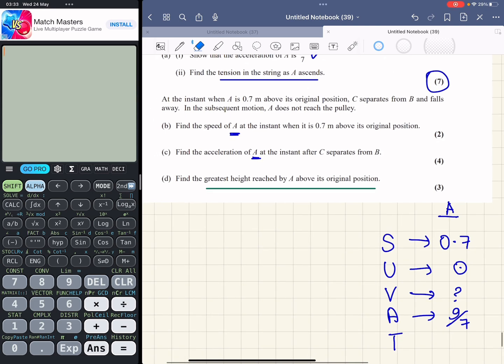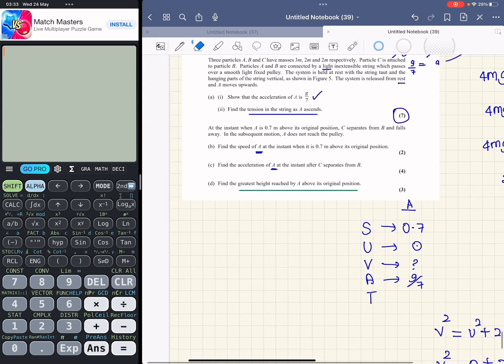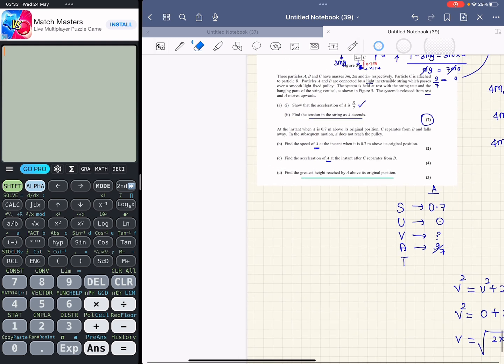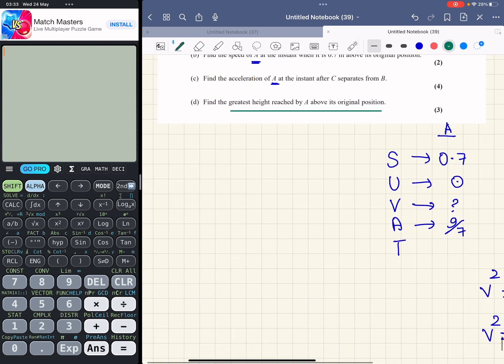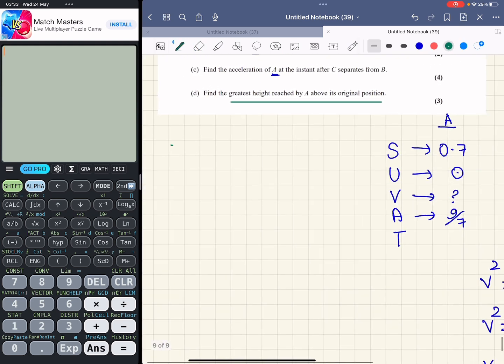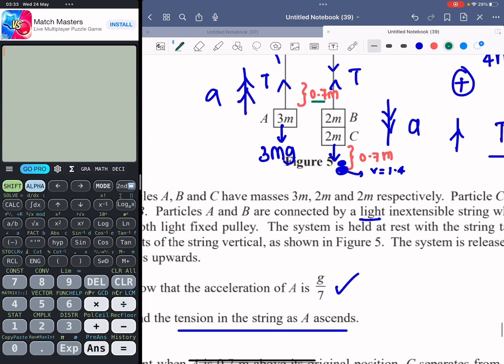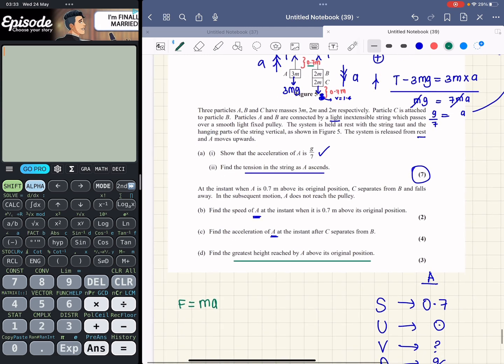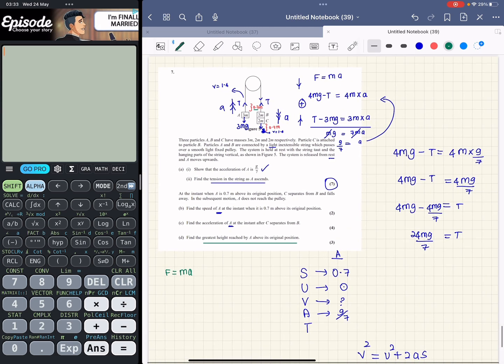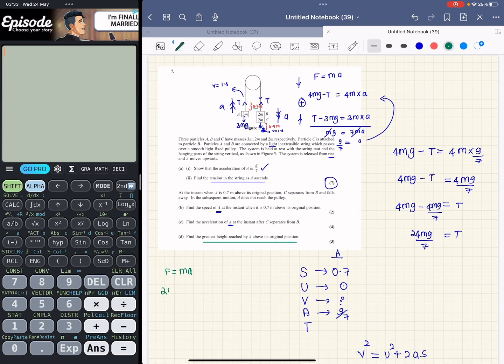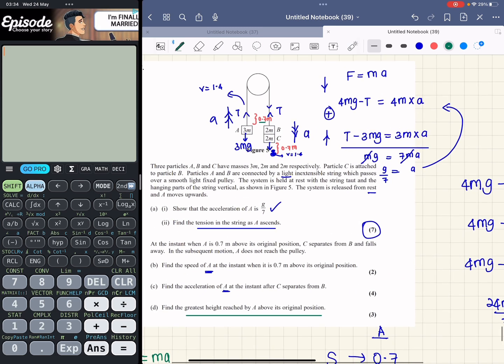The next part is to find the acceleration of A at the instant after C separates from B. So I'm going to use F equals ma again. Now that C has detached from B, when it's moving down, I would have 2mg minus the tension. Originally we had 4mg minus tension equal to 4ma because those two were there.